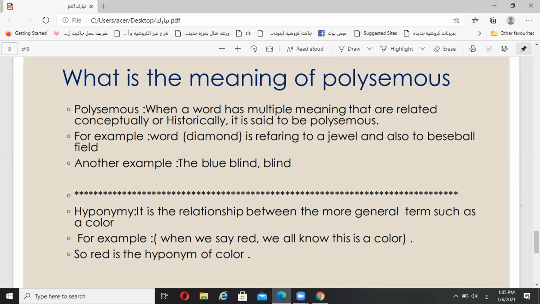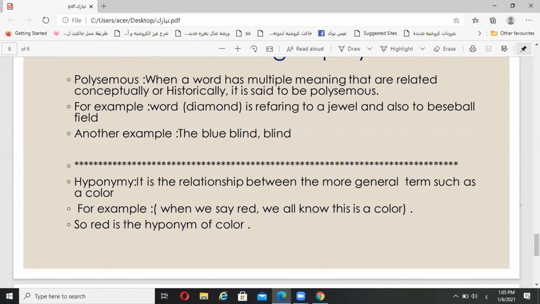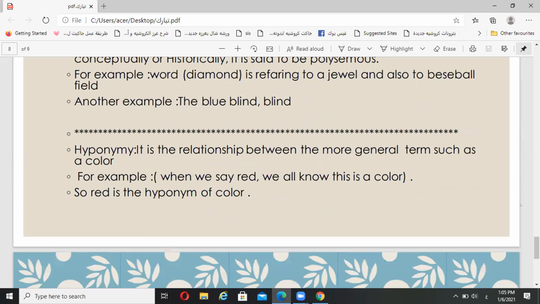When we put it in a sentence, you can determine whether it means a jewel or a baseball field. Excellent. So polysemous, poly means multi or many. A polysemous word is a word that has different meanings. How do we know? As Tabarak mentioned, according to the context.